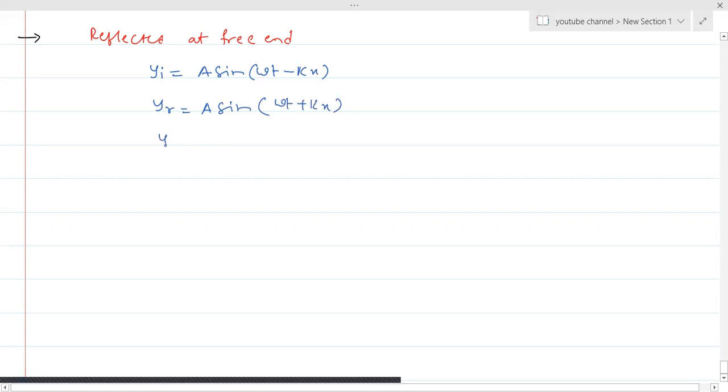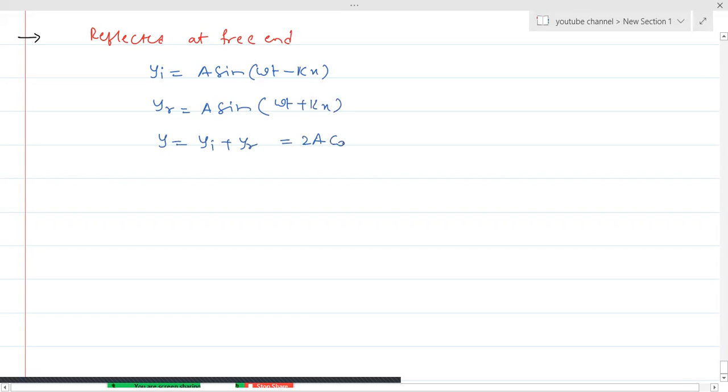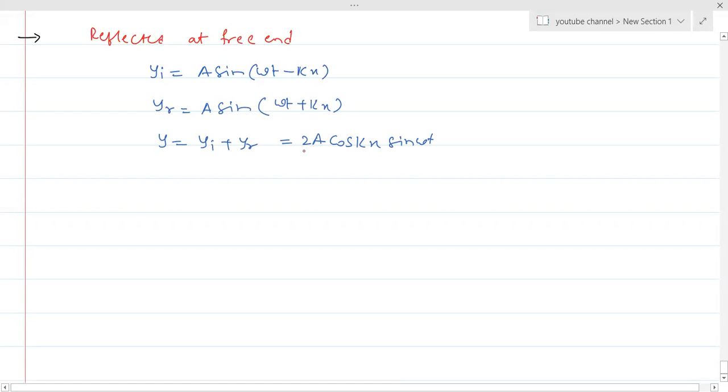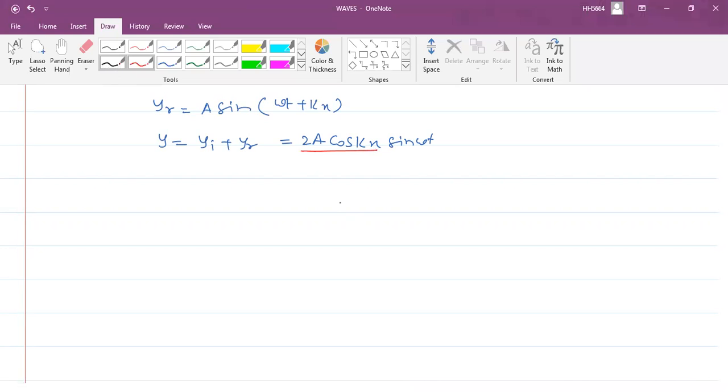If these two waves superpose each other, y equal to yi plus yr, we get 2a cos kx into sine omega t. So just observe the wave. This will be a cos wave. So I'm going to construct this.